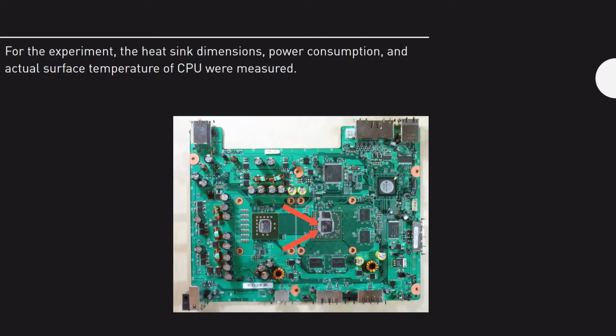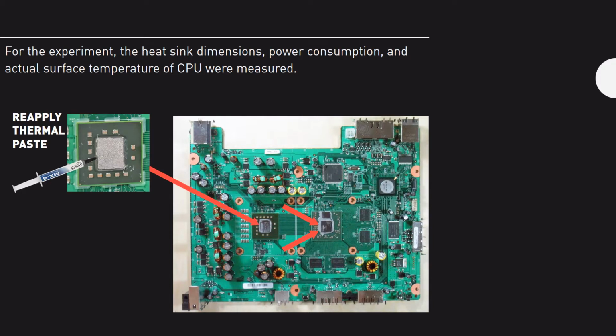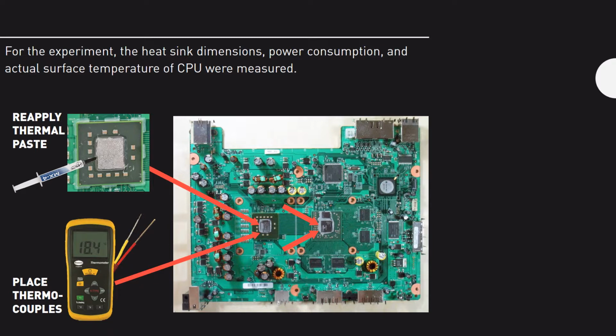So to start off our experiment, we went ahead and took apart an Xbox and took off the two heat sinks. Since it was old, the thermal paste was cracked and not in good shape, so we went ahead and reapplied thermal paste and then placed a thermocouple right in between the heatsink and CPU.